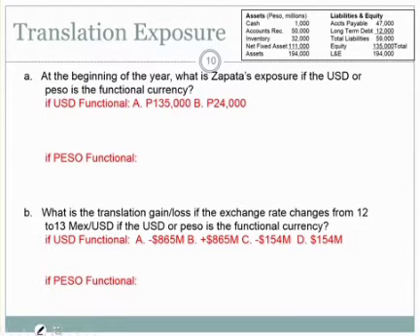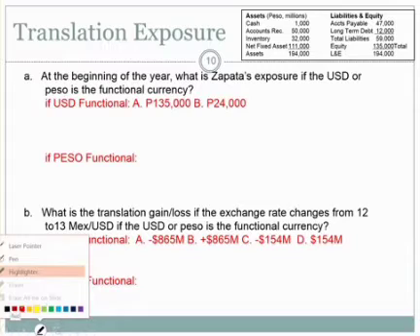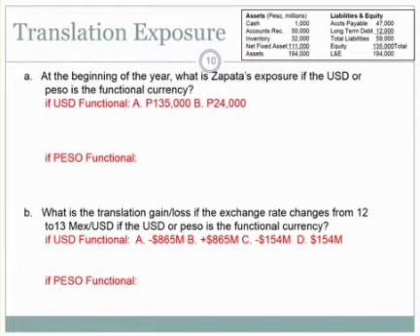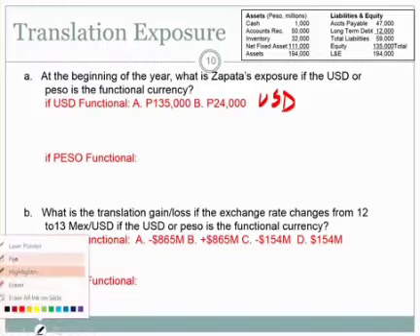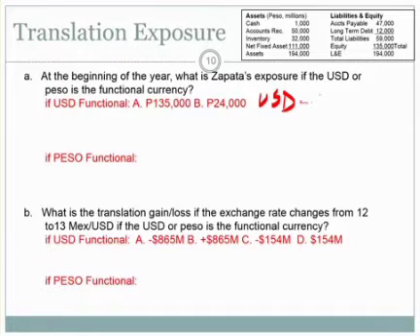So here's a question for you. At the beginning of the year, what is Zapata's exposure if the dollar or the peso is the functional currency? So we said if the dollar is the functional currency, we're going to use the temporal method.